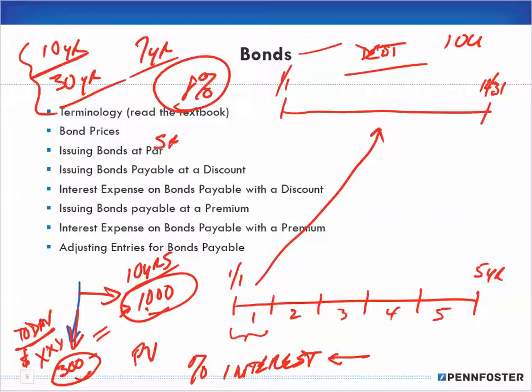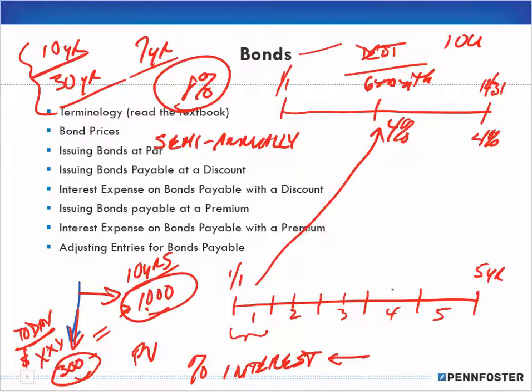So they're going to pay interest semi-annually, which means that every 6 months they're going to have to pay interest. At the end of the first 6 months, they're going to have to pay the 4%. Then at the end of the next 6 months, they're going to have to pay 4%. And of course, you have the same issue with year 2, with year 3.